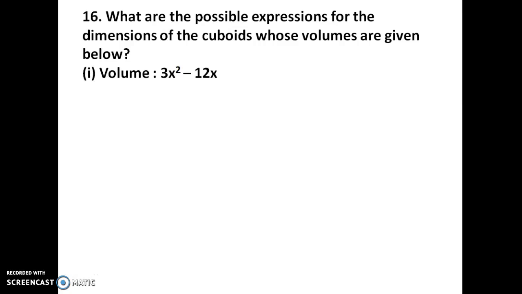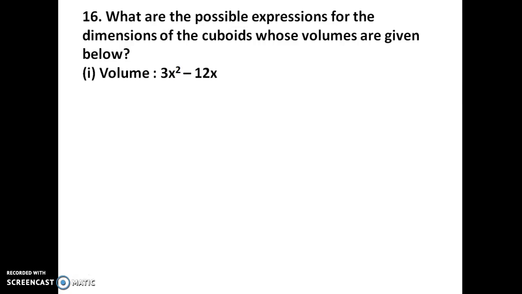Next problem, 16th. What are the possible expressions for the dimensions of the cuboids whose volumes are given below? The first one: volume is given by the expression 3x square minus 12x. So this is the expression for volume they have given.